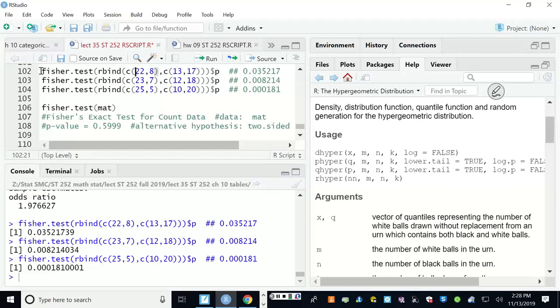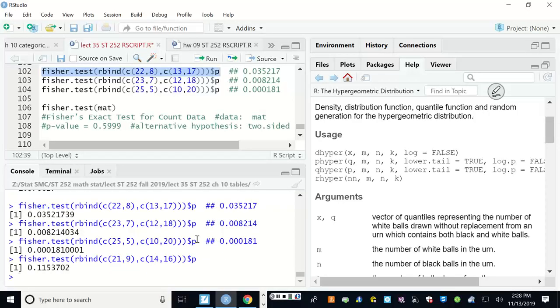So 21, is that rejected? If this was 21 and 9, and then we would need 14 and 16 to add up to the 30 and then the 35, that one would not be rejected.